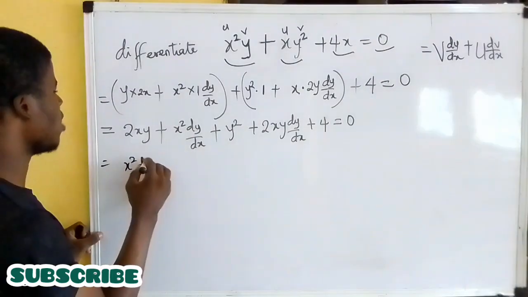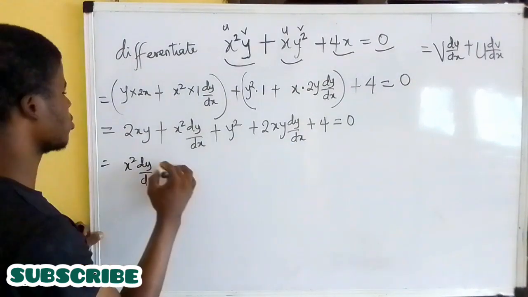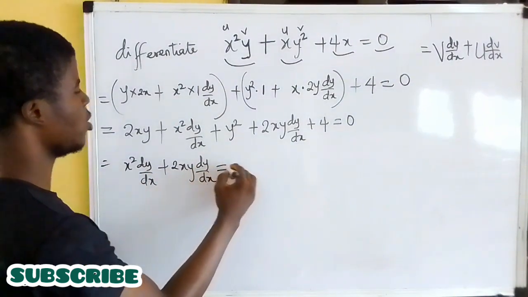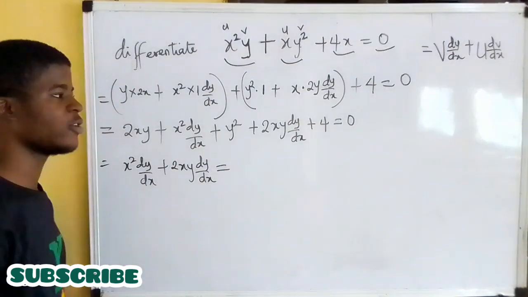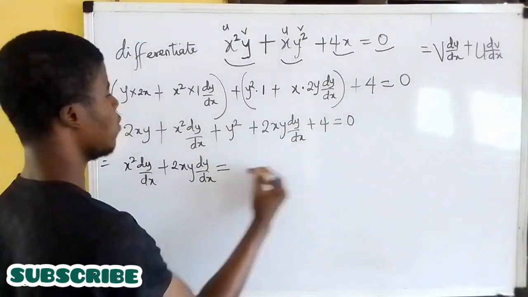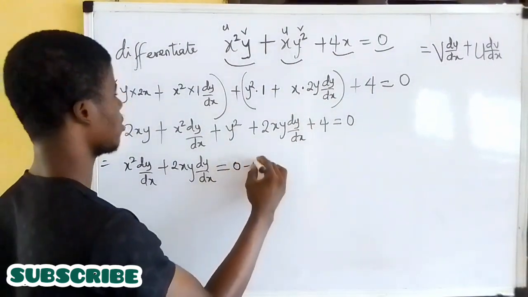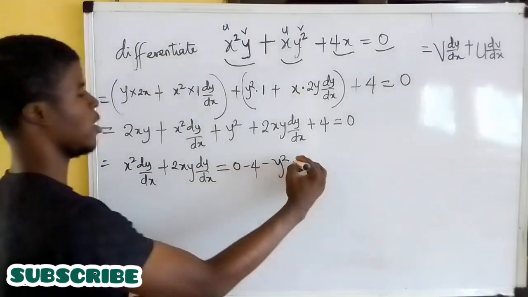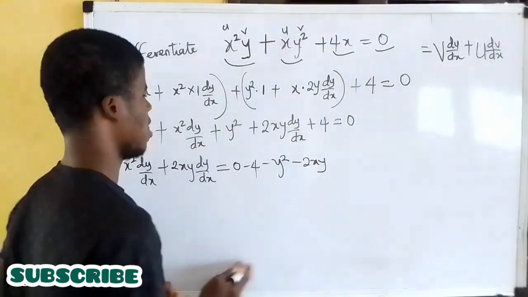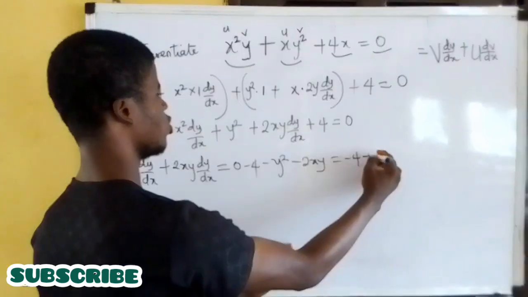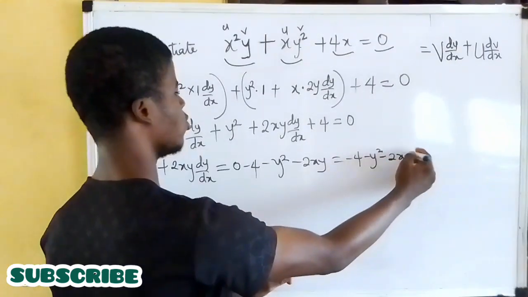X squared dy dx plus 2xy dy dx will be equal to all other terms that do not contain dy dx, which will move to the right hand side. So 0 minus 4 minus y squared minus 2xy. And this is equal to what? Minus 4 minus y squared minus 2xy.